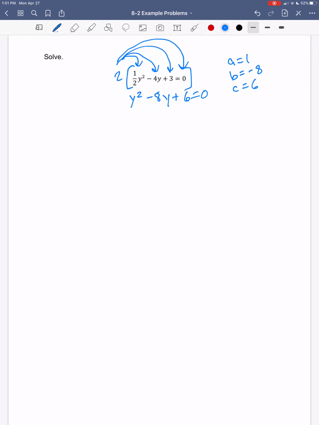So y equals negative b plus or minus the square root of b squared minus 4ac all over 2a.